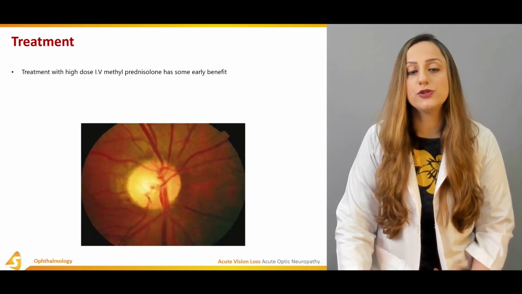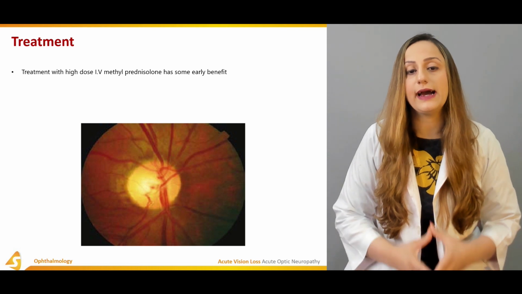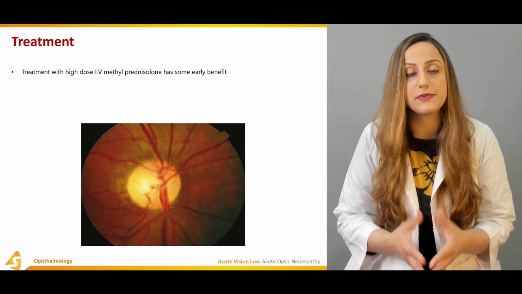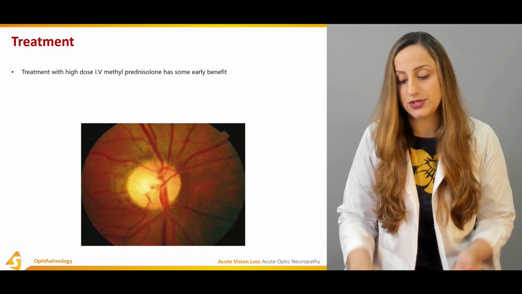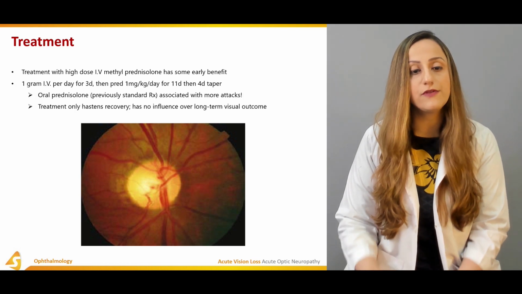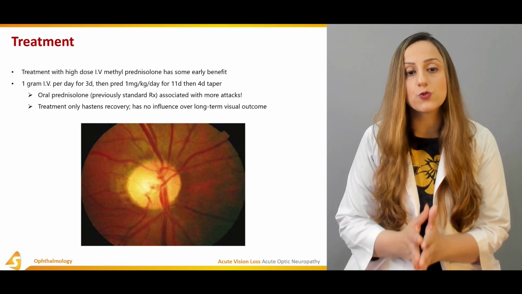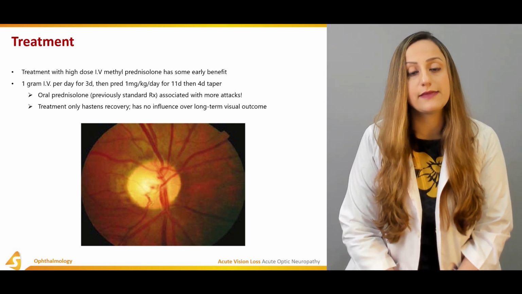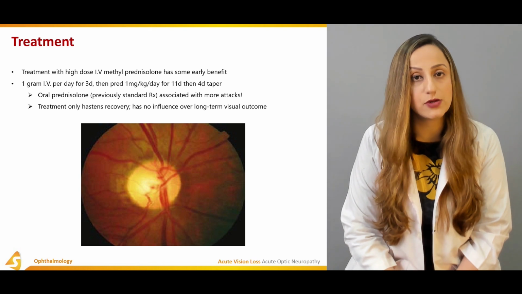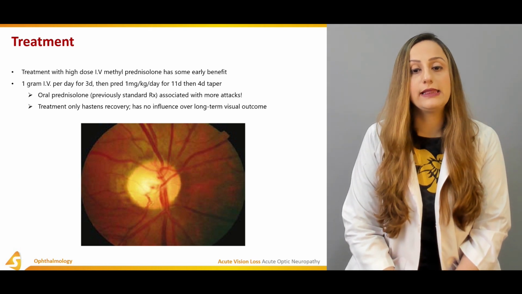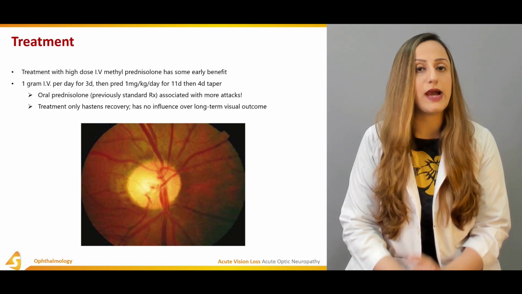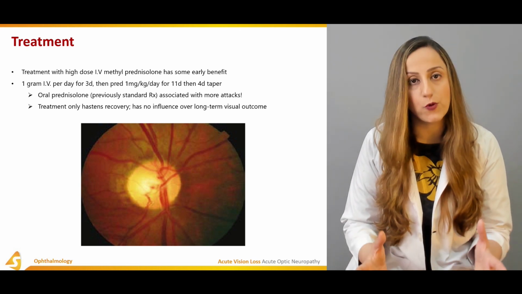The treatment would include high doses of IV methylprednisolone, which is a steroid administered in these patients to cover up the immunity factor. 1 gram IV per day for 3 days, and then prednisolone 1 milligram per kilogram per day for 11 days, and then you have to taper down within 4 days.